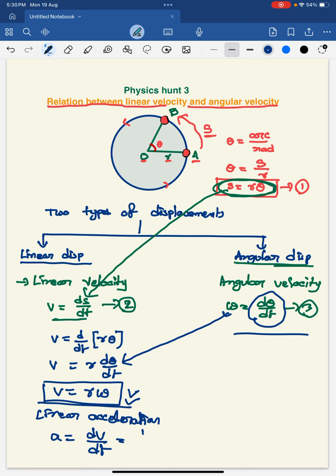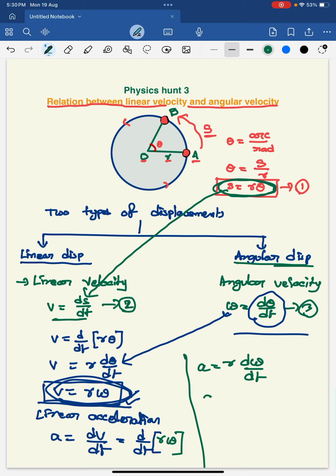Here v is r omega, so I am going to substitute r omega. So a is equal to r into d omega by dt. Here d omega by dt is nothing but angular acceleration alpha. Therefore a is equal to r into alpha.